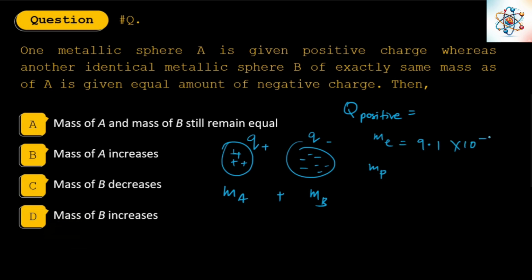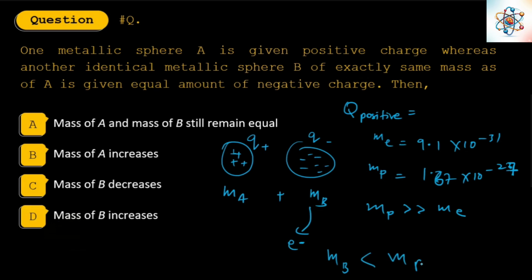It is 9.1 into 10 to the power minus 31, and 1.67 into 10 to the power minus 27. So the mass of a proton is way heavier than the mass of an electron. If sphere B gets electrons, what does it mean? It has gained a lesser mass. So the mass of sphere B will be less than the mass of sphere A. Initially the masses are equal, but finally this happens.